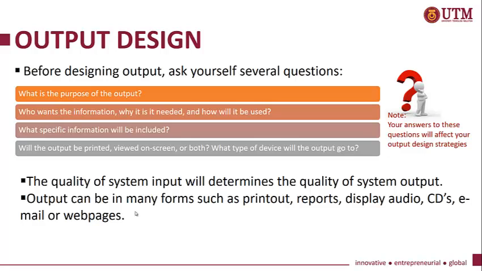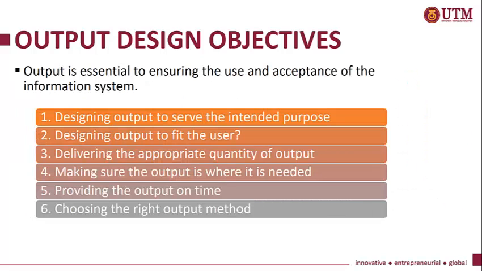To create the output, the analyst needs to work interactively with the user until the output is satisfactory. Output is essential to ensure the use and acceptance of the information system.